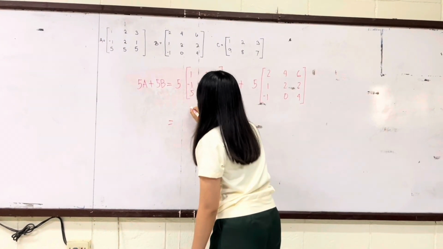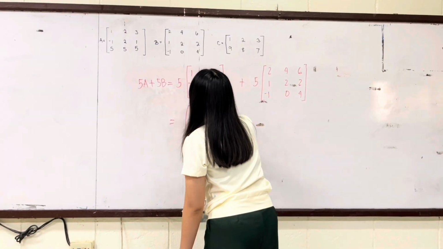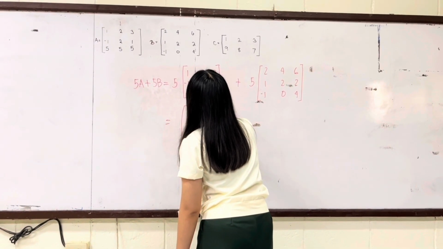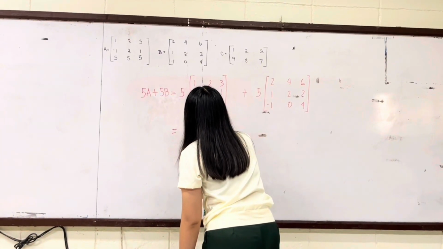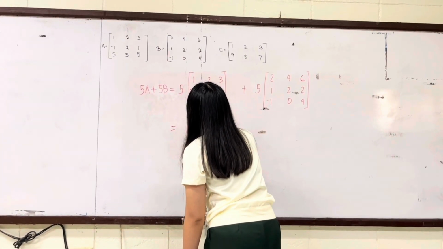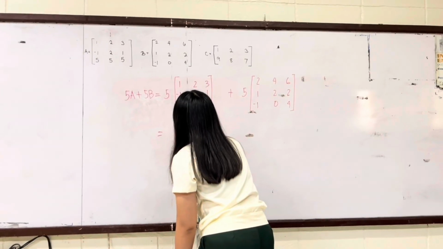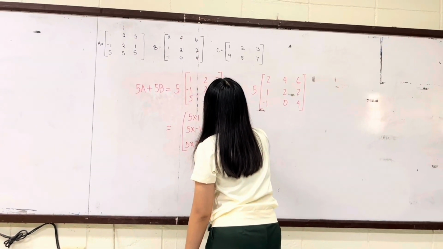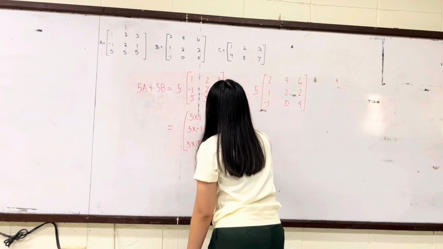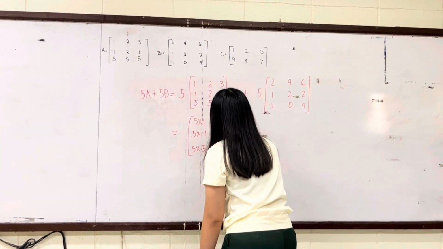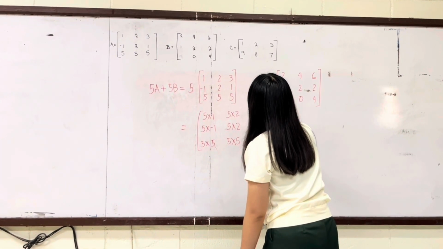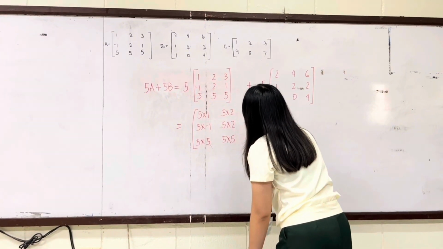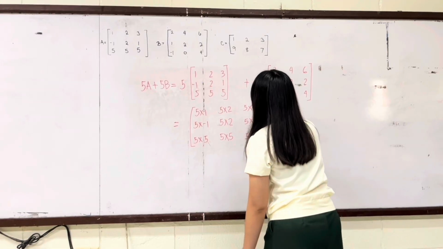So first, we go 5 times 1. 5 times negative 1. 5 times 5. 5 times 2. 5 times 5. 5 times 2. 5 times 1. 5 times 5.